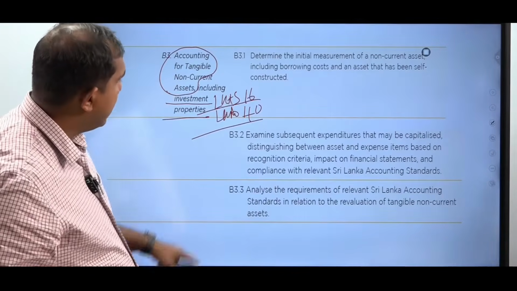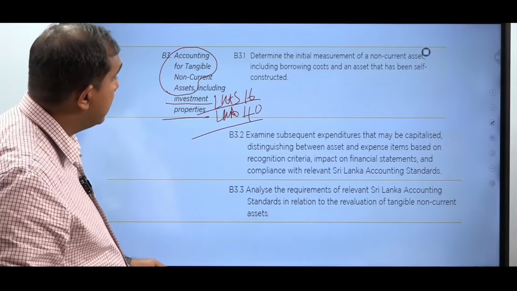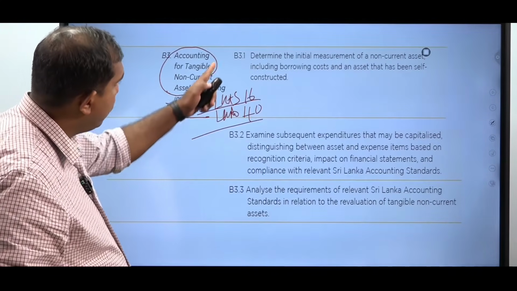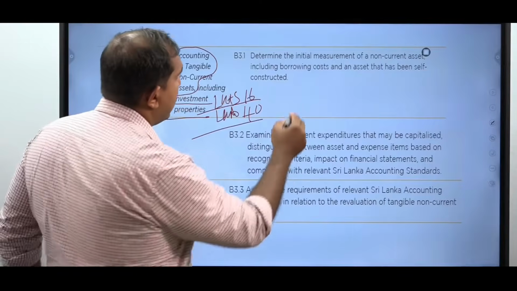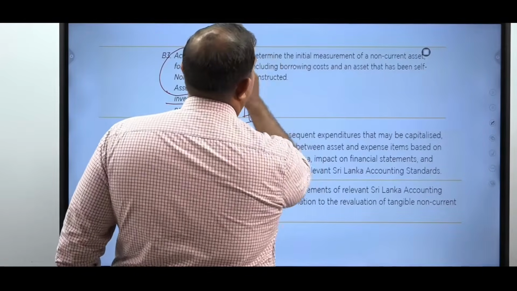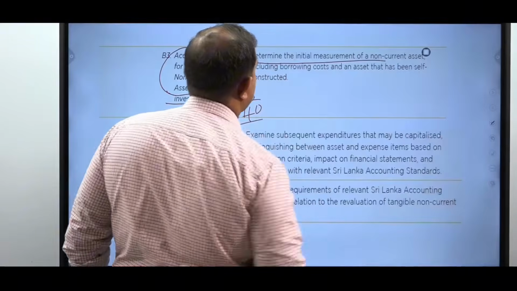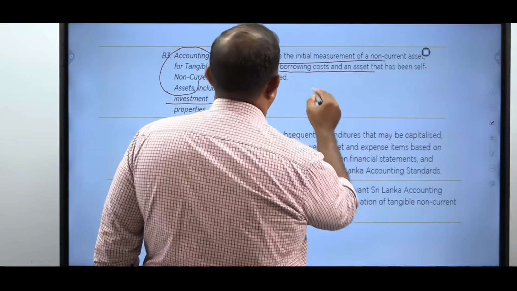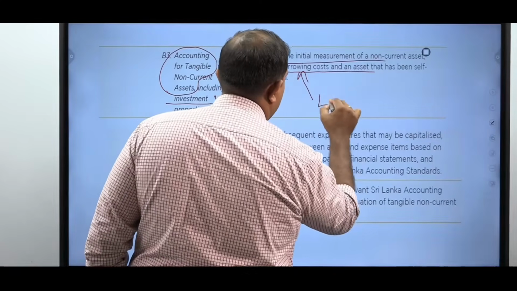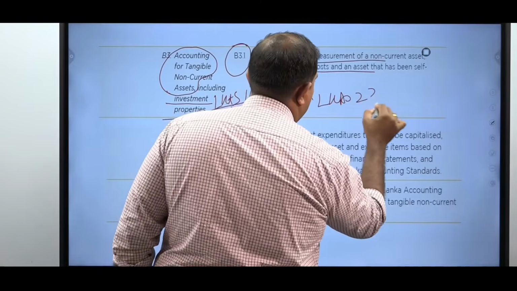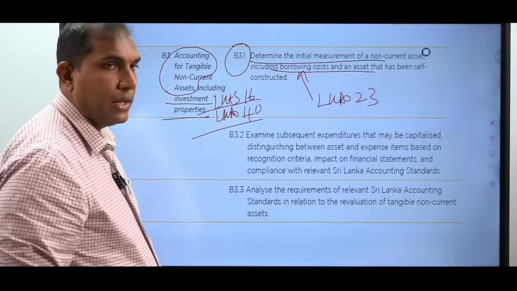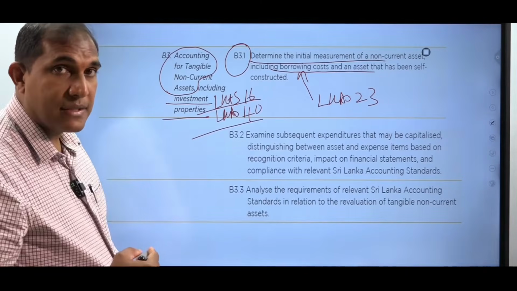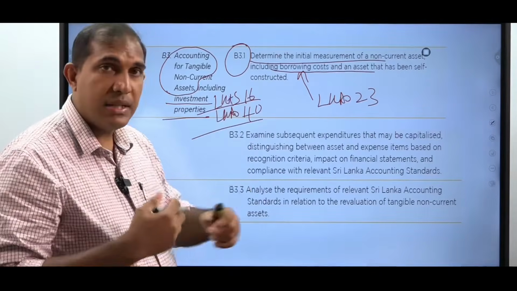Under 3.1, measurement. Then borrowing cost. Borrowing cost is LKAS 23. We need to cover it because that's connected with the non-current assets. So LKAS 23 will be discussed.